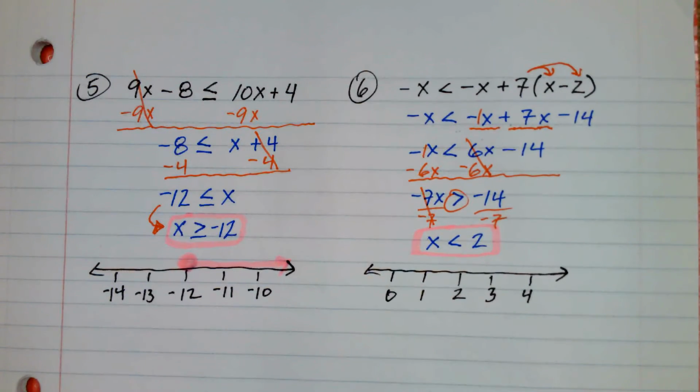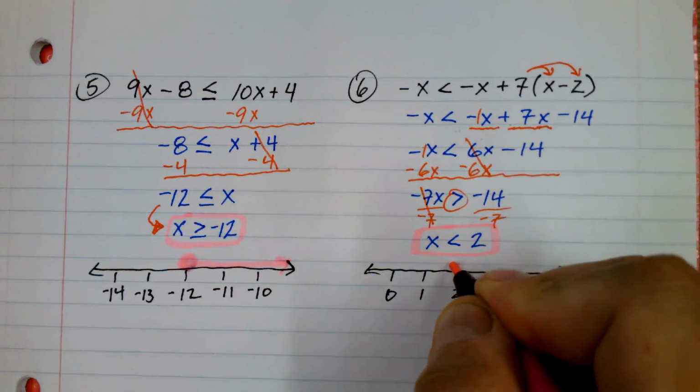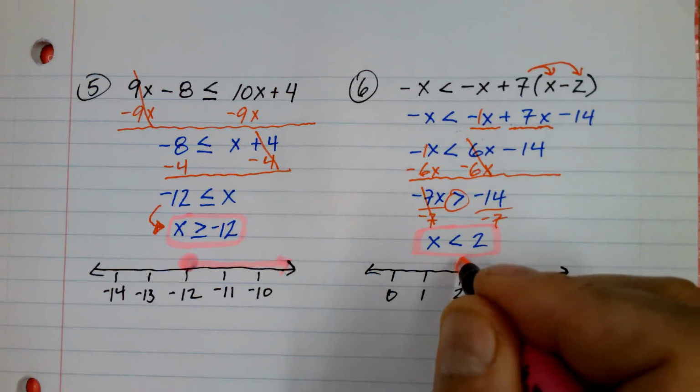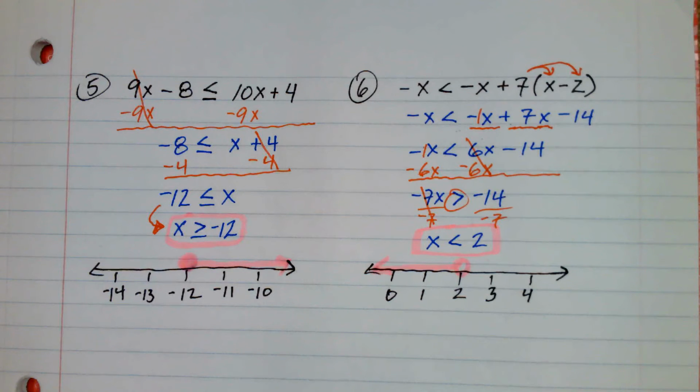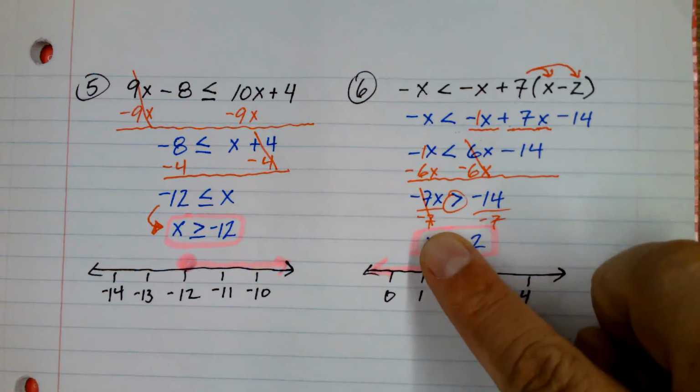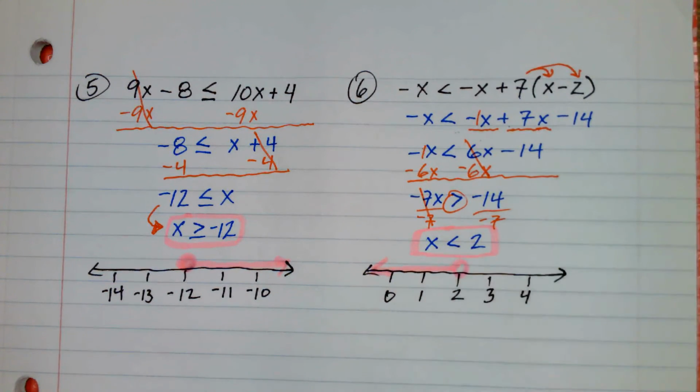Okay, so the solution is all real numbers less than 2. Any number smaller than 2 is an answer. Yeah, we did flip, right? We divided by negative 7, so we had to flip.